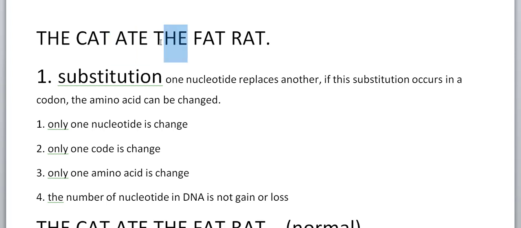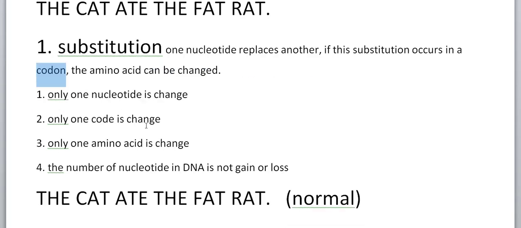This is the normal sentence, containing many letters and words. In substitution, just one nucleotide replaces another. If this substitution occurs in a codon, meaning in the mRNA, the amino acid can be changed.